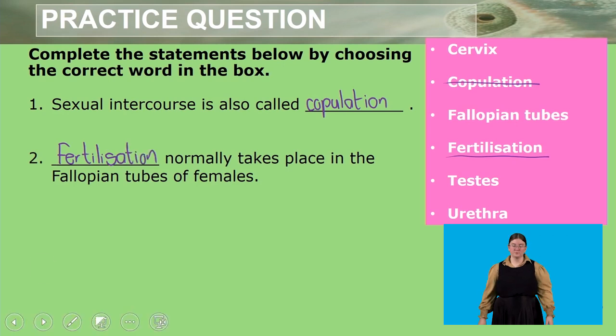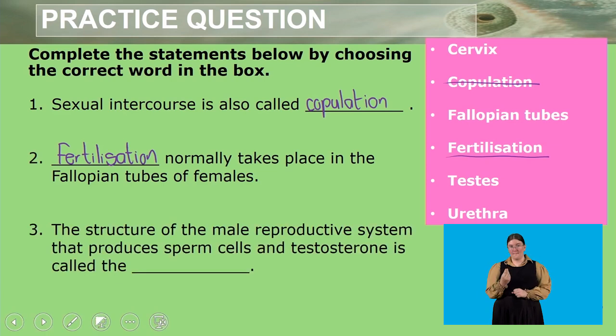And then the next part, number 3, the structure of the male reproductive system that produces sperm cells and testosterone is called the, we know that relates to females. Okay, we've used that word that also relates to females. So we are left with testes and urethra. We know urethra is a duct.